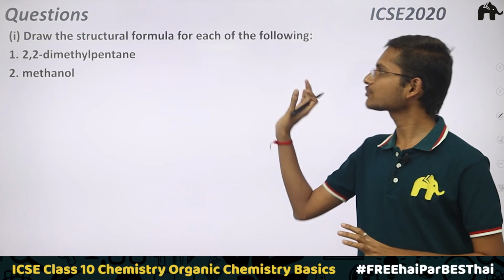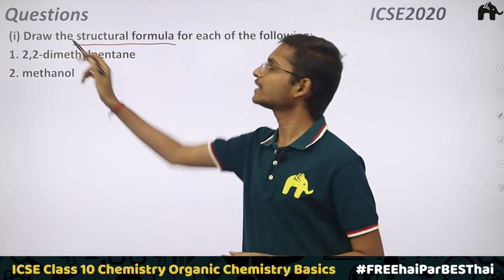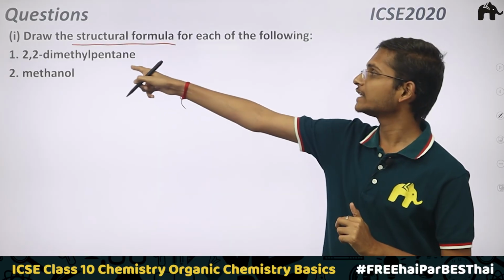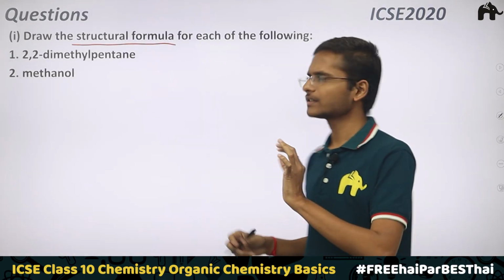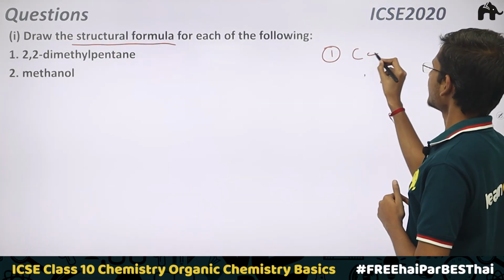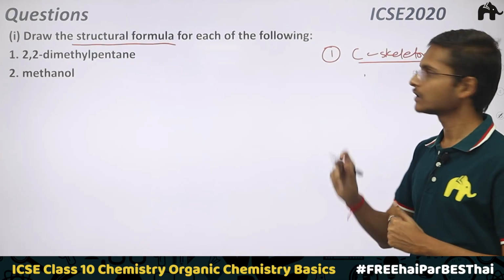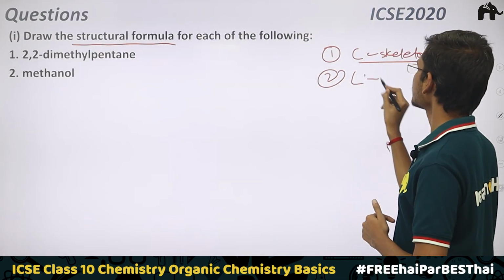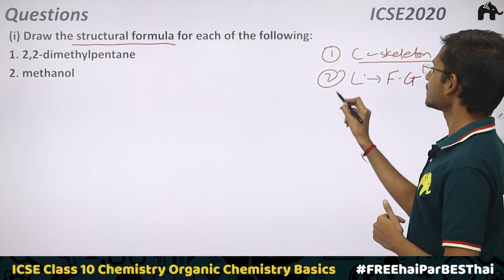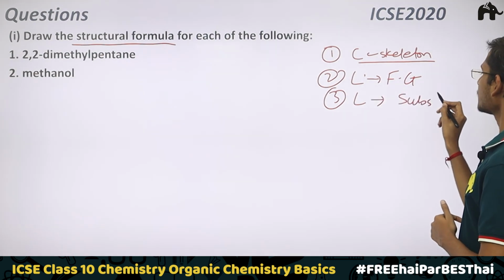Now let's see the next question. Draw the structural formula for each of the following. We have studied how to draw the structural formula from the name itself. What are the 4 steps? Very simple, I will list them again. First, write the carbon skeleton by looking at the root word. Second, locate the functional groups. Third, locate the substituents or alkyl groups.